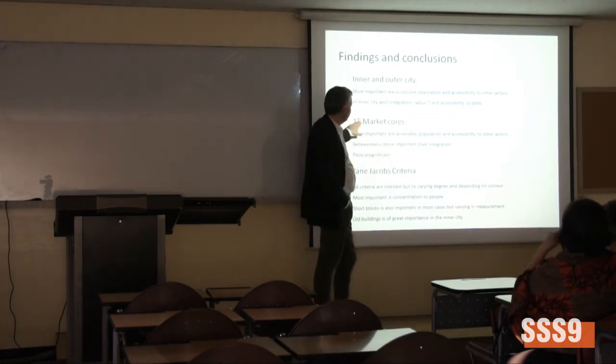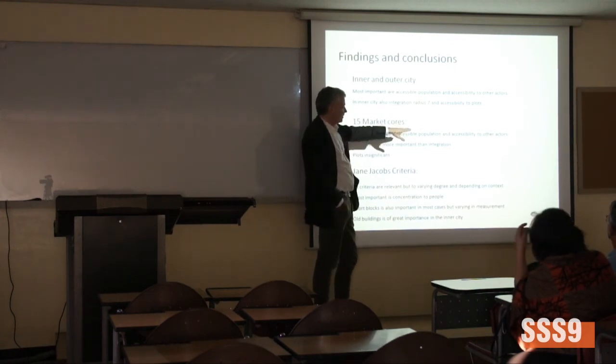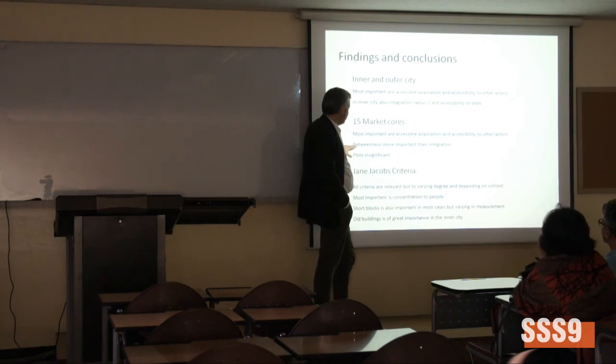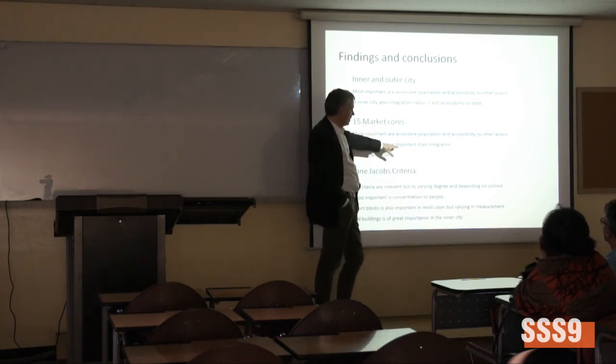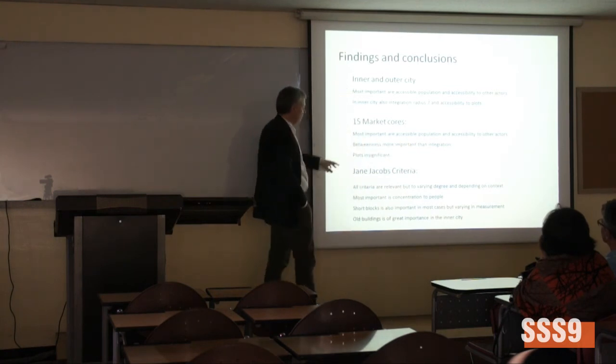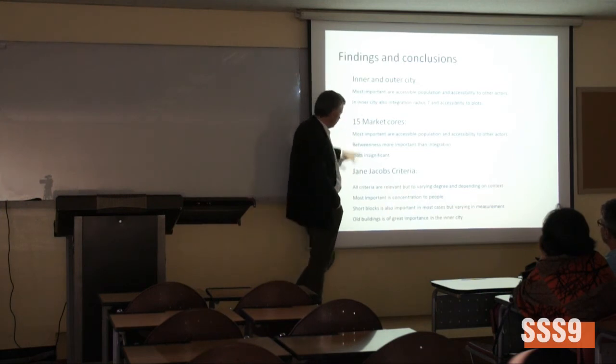Most important for the 15 market courses are accessible population again and accessibility to other actors. This comes again all the time. But also betweenness is more important in the market courses than integration, which one could try to interpret. Plots in this case is insignificant. It's only in the inner city that it is important.